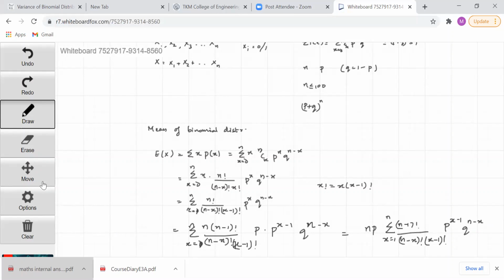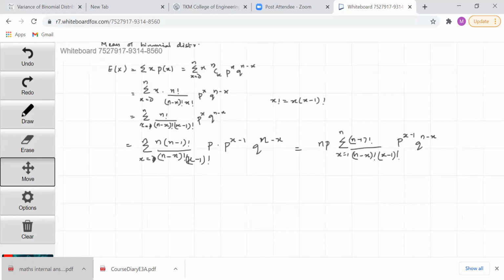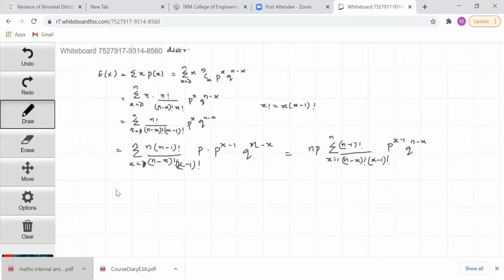Now I can represent this as np summation. If I call x minus 1 equal to j, j is varying from 0 to n minus 1.